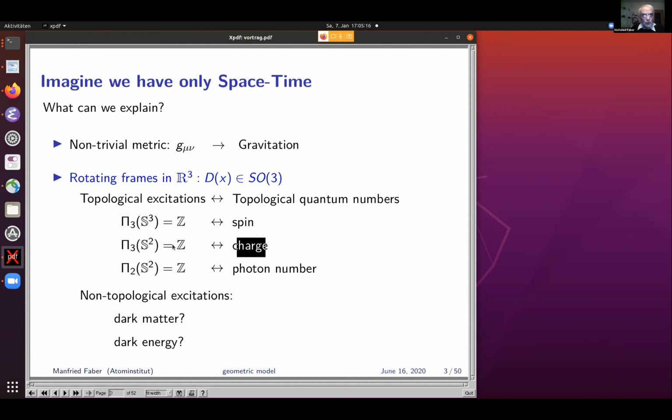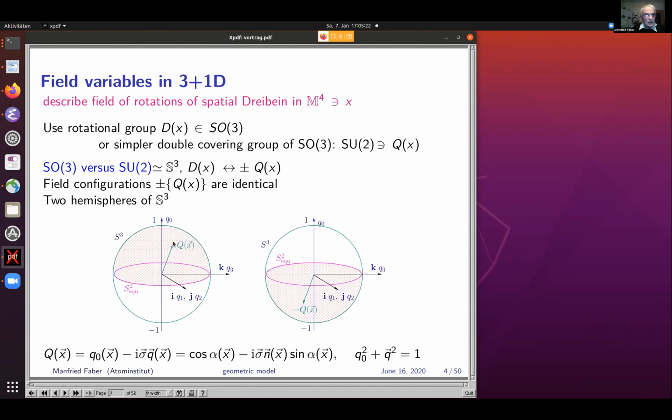I have also non-topological excitations, which I can relate to dark matter and dark energy, but this is a side remark. So, field variables. Field variables are this rotation matrix D of SO3, or simpler, the double covering group SU2, and I call these elements of SU2 Q of x, like quaternions.